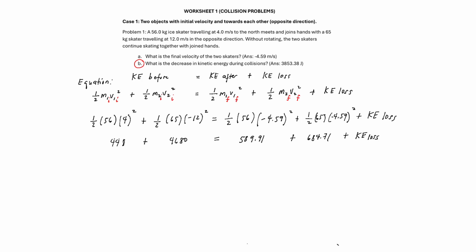Take note that the unit of this, kilogram times meter square per second square, so all of these will be joules. So we have 5,128 joules. Then 589.91 plus 684.71 is 1,274.62 joules, plus kinetic energy loss.